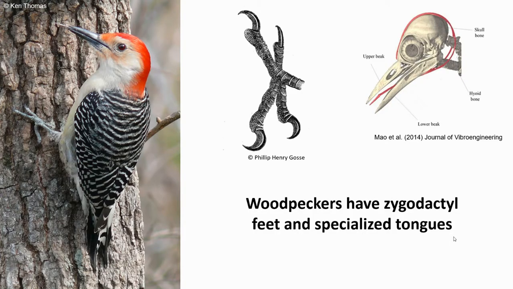And then there's woodpeckers. These birds use their long pointed beaks to hammer against trees and retrieve insects from crevices. This lifestyle is also reflected in other traits. They have zygodactyl feet, so two toes pointed forward and two backward, allowing them to climb tree trunks, and their stiff tail provides the necessary balance. Finally, their long tongue, which is wrapped around their skull, helps them to extract insects from the holes that they are drilling.